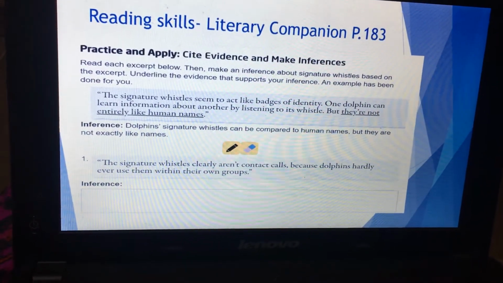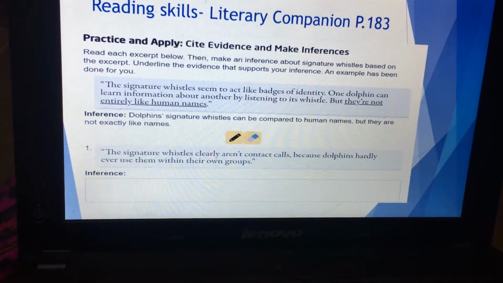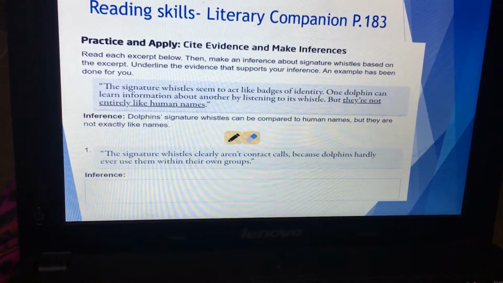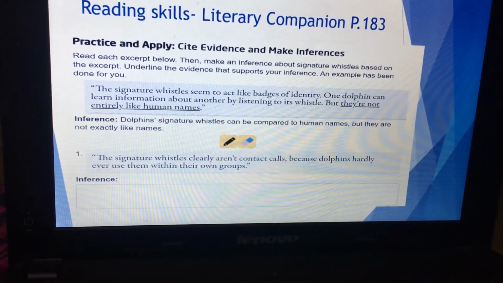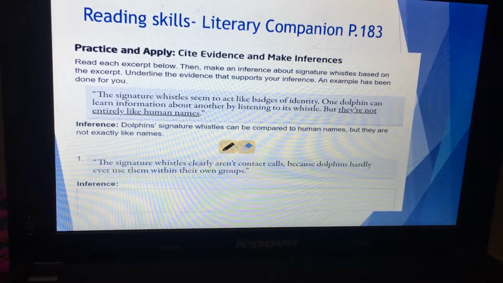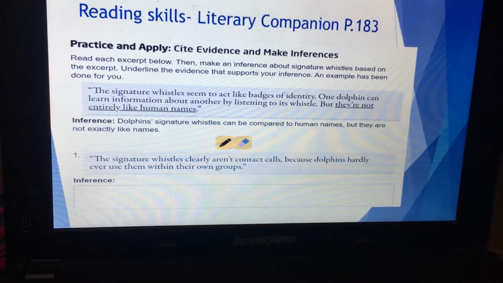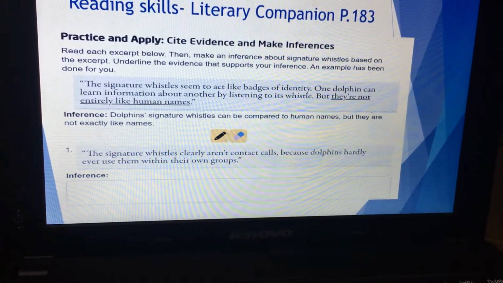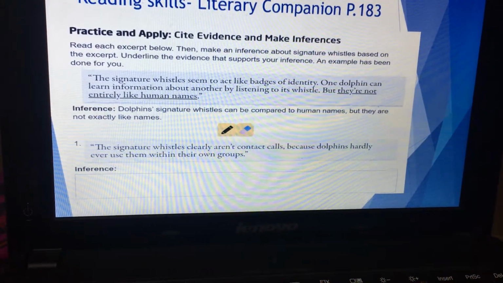Practice and apply. Now, in this exercise, you have to read the example, such as, let us read the script below. Then we have to make an inference about the signature whistles based on this quotation. The underline, you have the evidence. The signature whistles seem to act like badges of identity. One dolphin can learn information about another by listening to its whistle, but they are not entirely like human names.